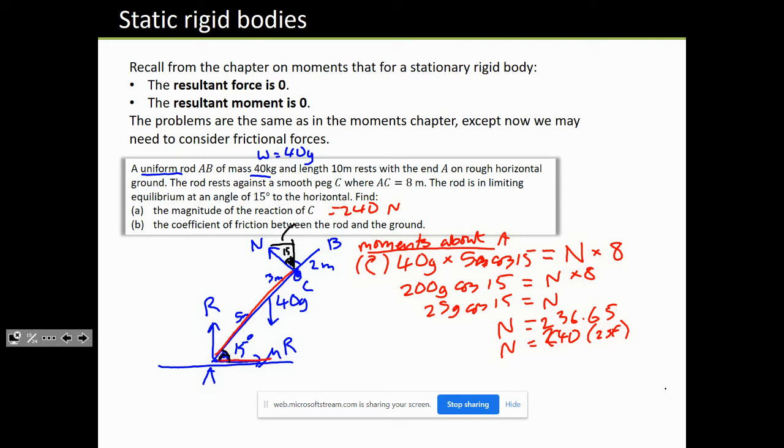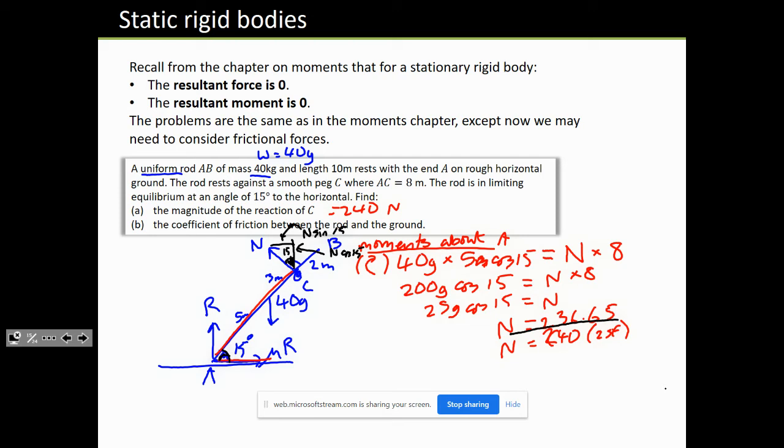Then you've got this here, which is going to be equal to N sine 15. We've got our value for N, and I'm going to use this more accurate version for the rest of the time. We also have our vertical component, which is going to be N cos 15.